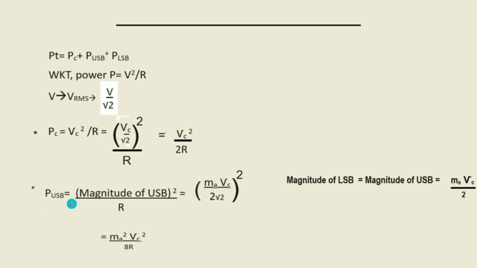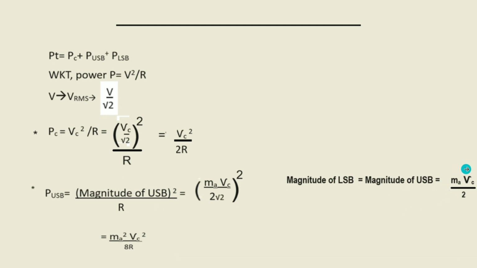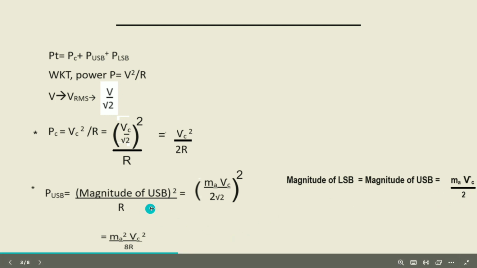In the same way, the USB power is the magnitude of the USB, or the voltage or coefficient of USB, the whole square divided by R. The magnitude of LSB and the magnitude of USB are the same, which is Ma Vc by 2. Substituting the RMS value, we get Ma Vc by 2 root 2, the whole square.